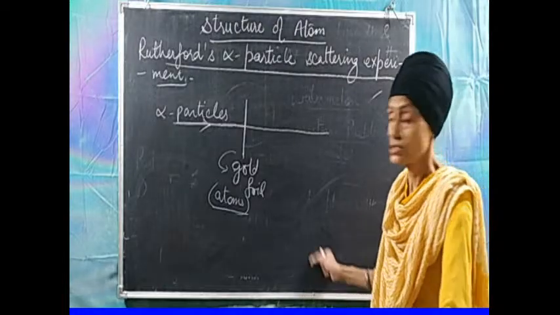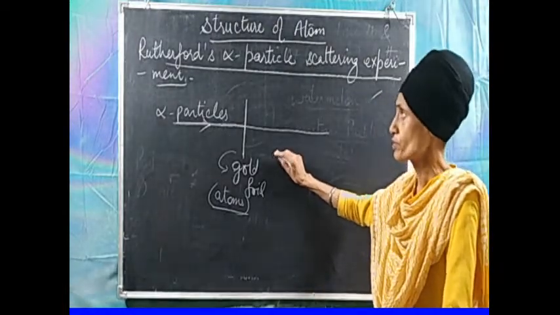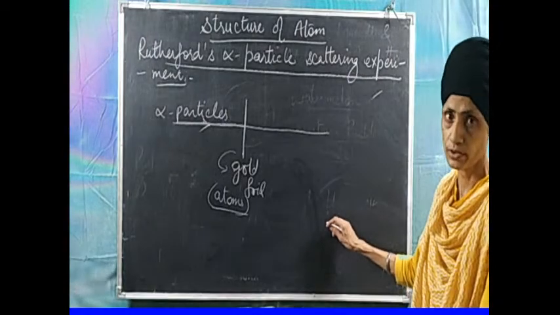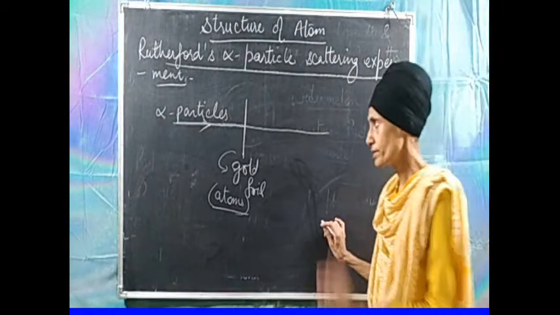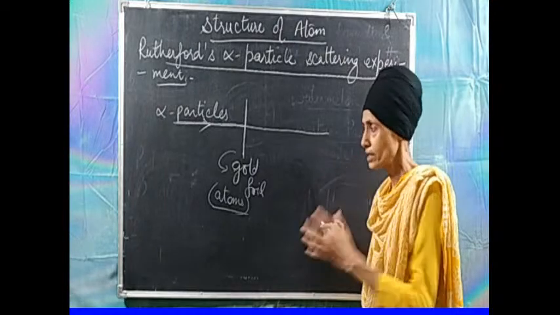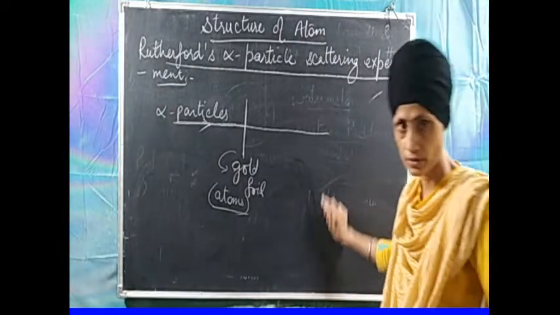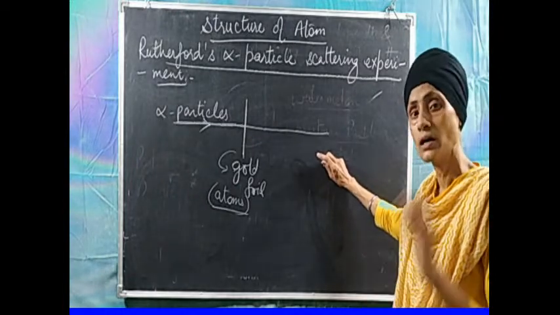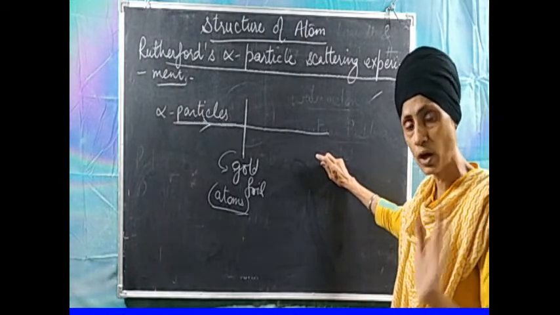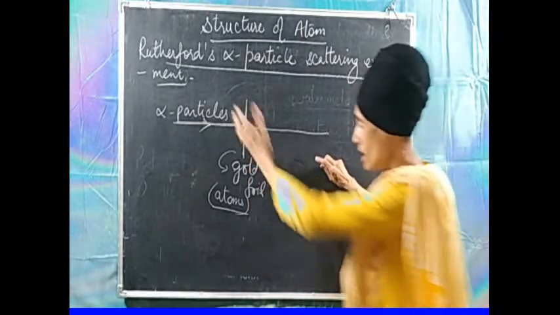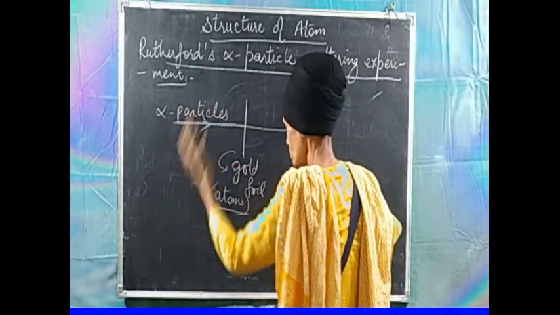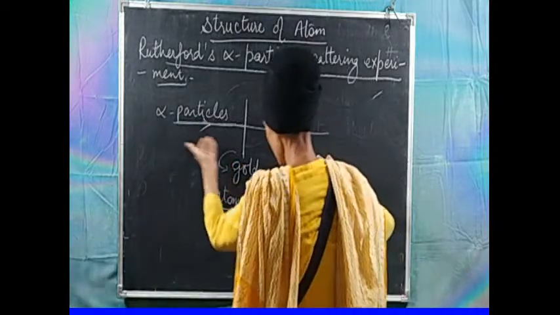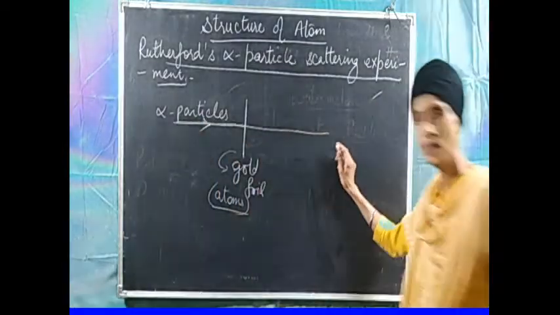That means they passed through the atoms of the gold. So this experiment of Rutherford gave an objection to Thomson's model. Why? Because according to Thomson, the model of the atom is solid, but as Rutherford observed in this experiment, the alpha particles were able to pass through the atoms.